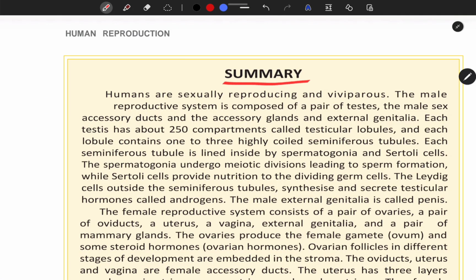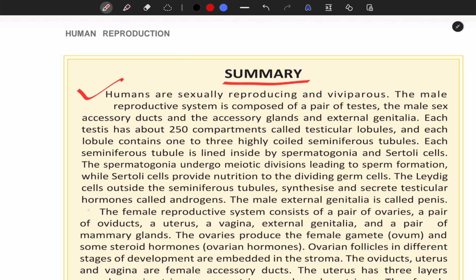Let us discuss the summary of this chapter. Humans are sexually reproducing and viviparous. The male reproductive system is composed of a pair of testes, the male sex accessory ducts, the accessory glands and external genitalia. Each testis has about 250 compartments called testicular lobules, and each lobule contains 1 to 3 highly coiled seminiferous tubules.